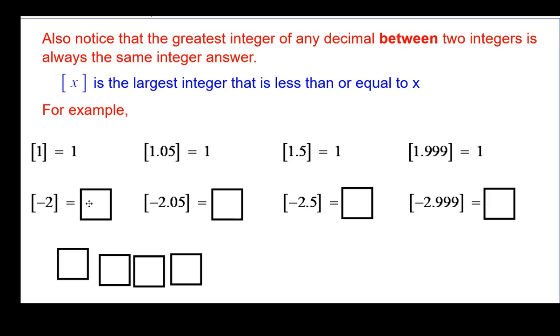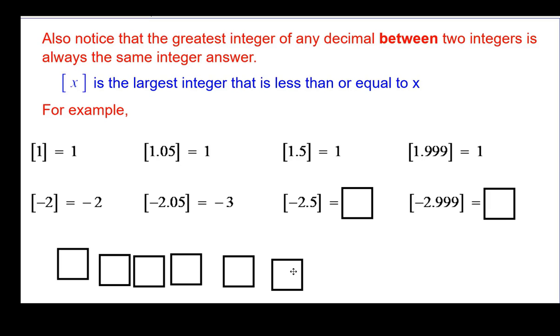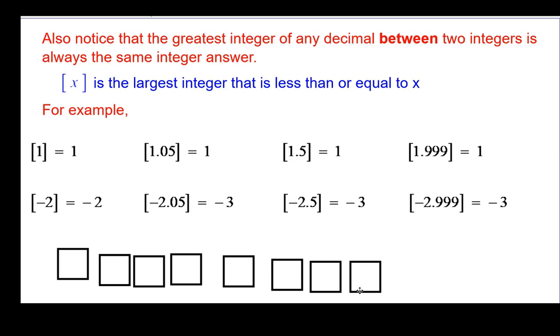Now the greatest integer of negative 2, of course, is itself. But be careful on this one. And it is negative 3. And if that's negative 3, these better be also, because they have the same value in between integers. Press pause as needed to think about that.